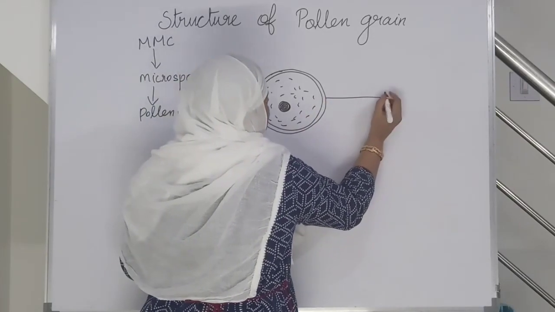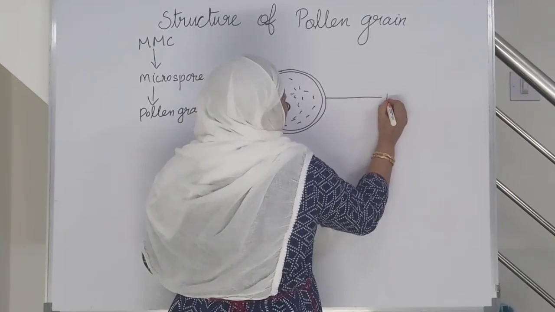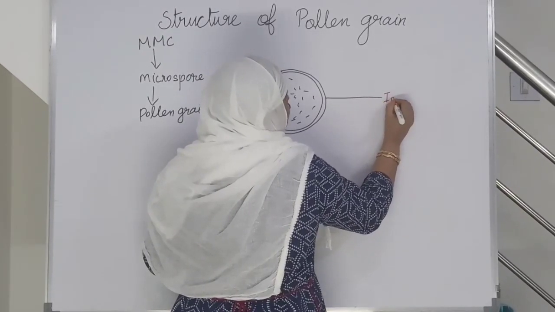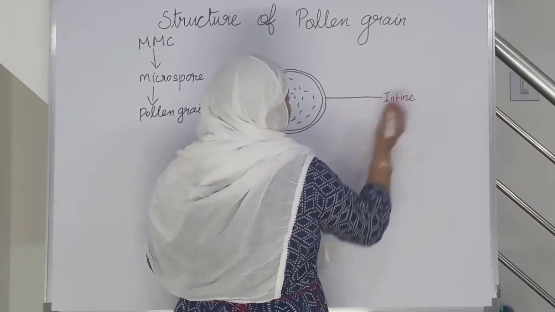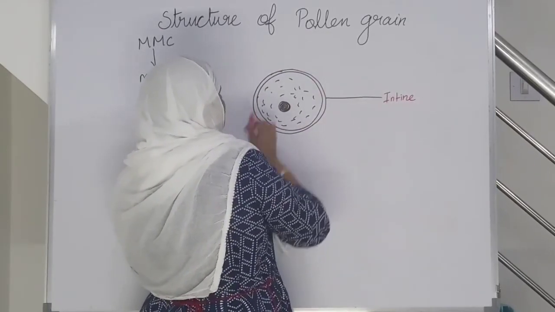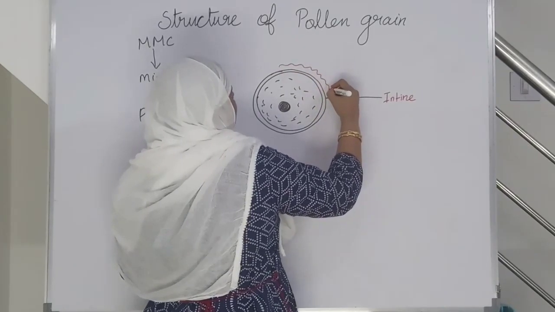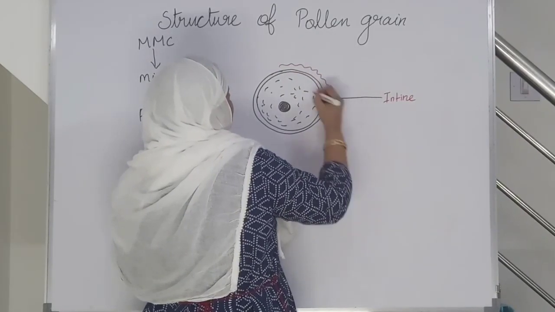The thin layer is called intine, and over this there is one more layer which is thick in nature and irregular.